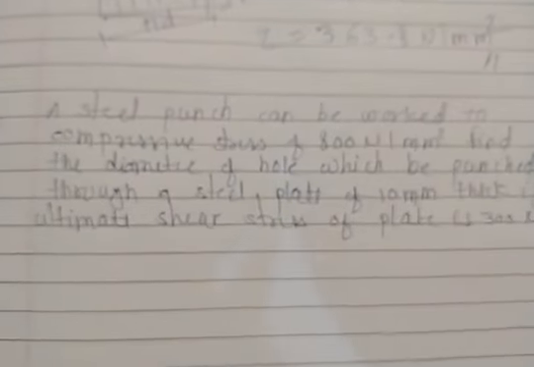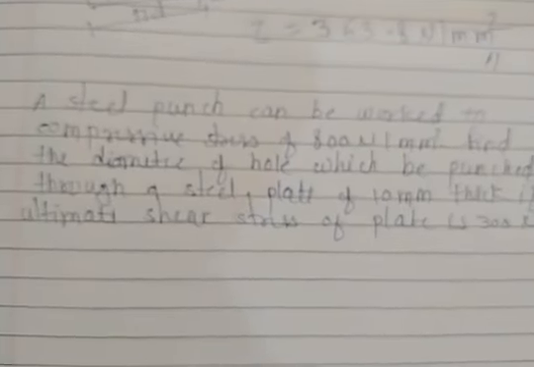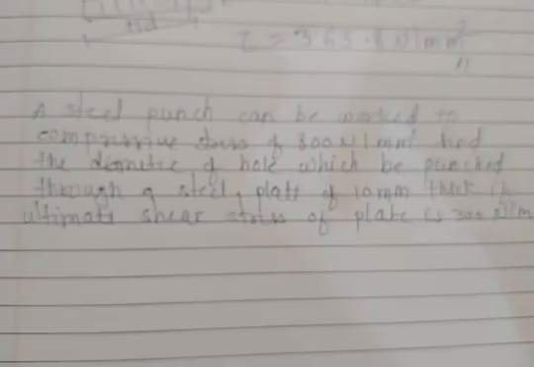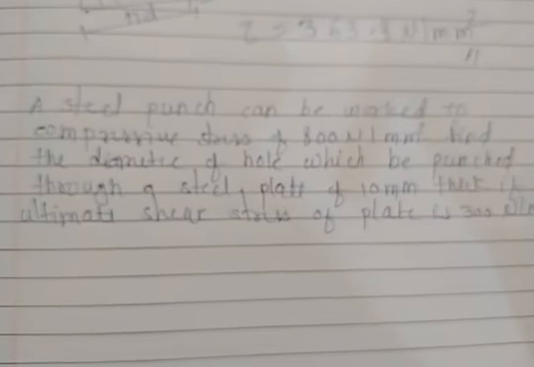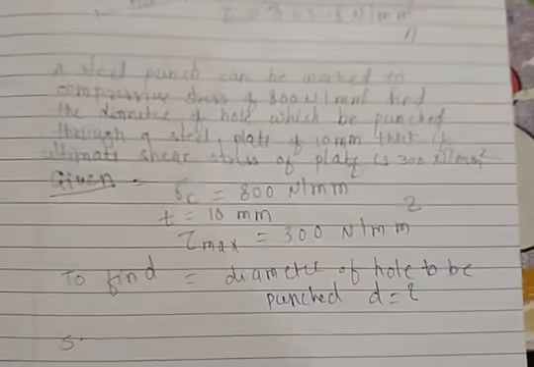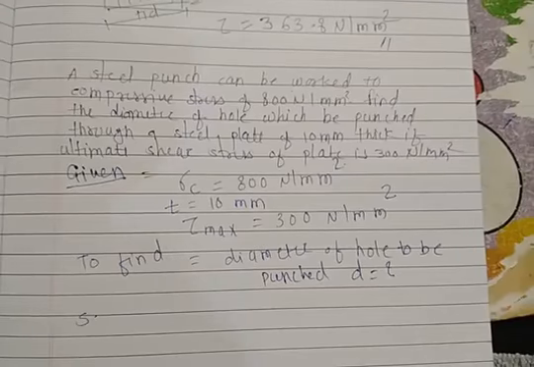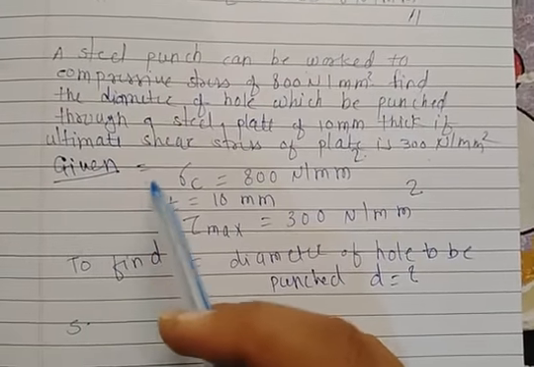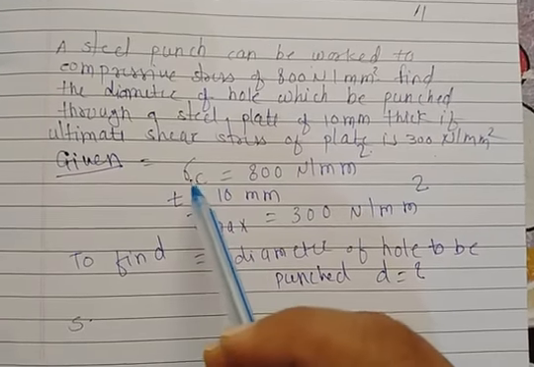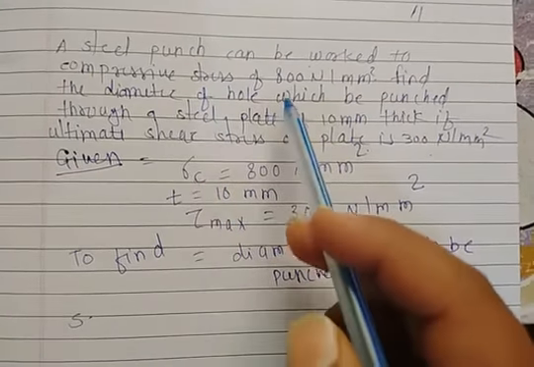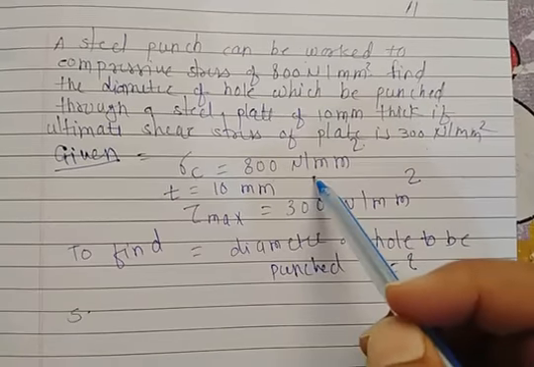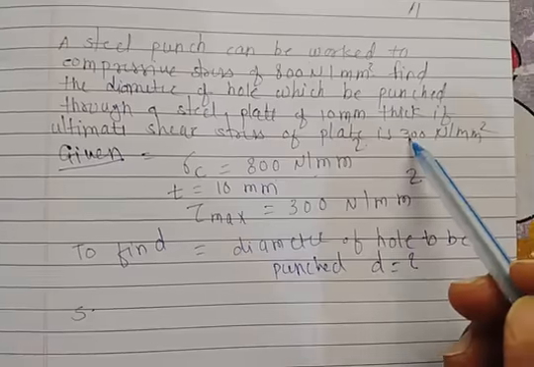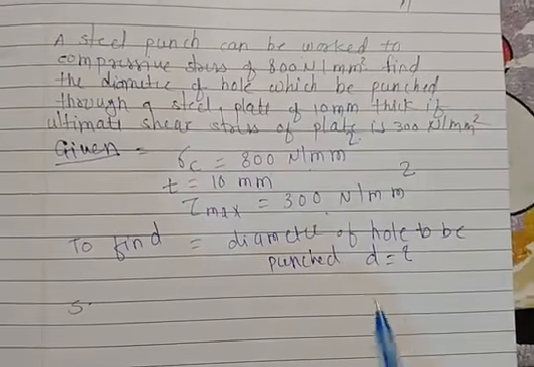So this is the next numerical. I am reading the statement of this. The given things I am writing down here: sigma c is 800 Newton per mm square, thickness of plate is 10 mm, and shear stress is 300 Newton per mm square.